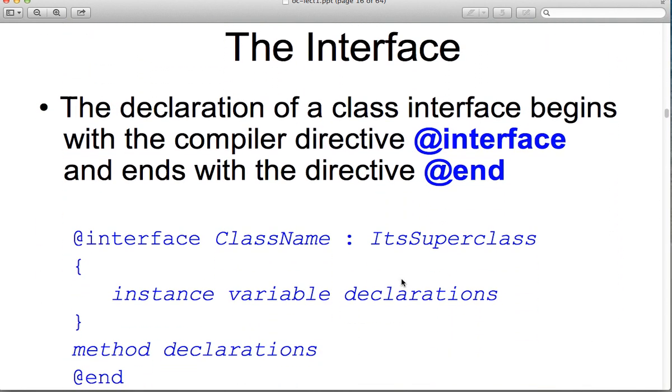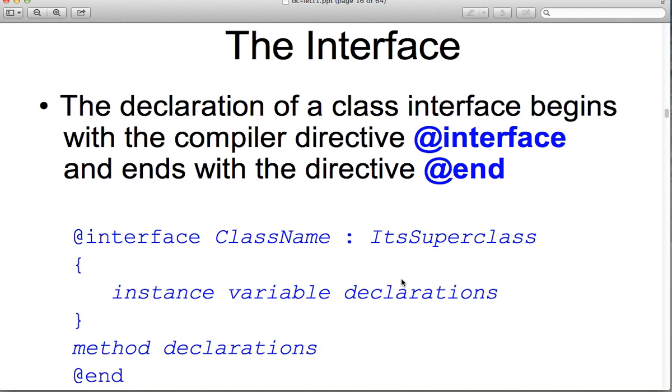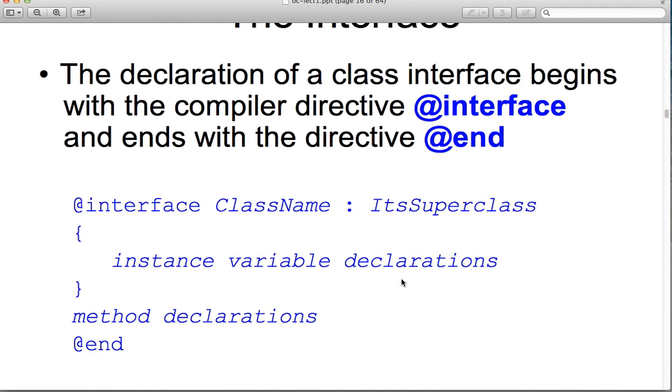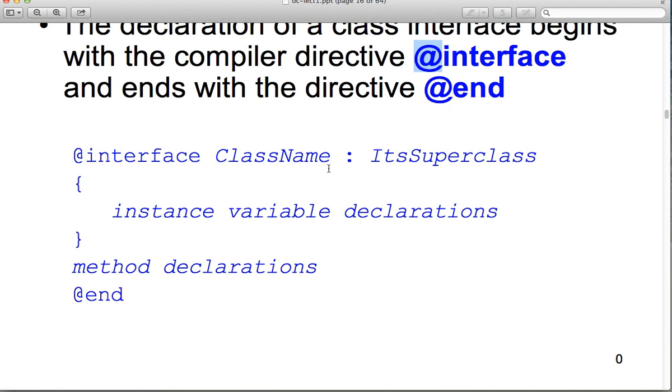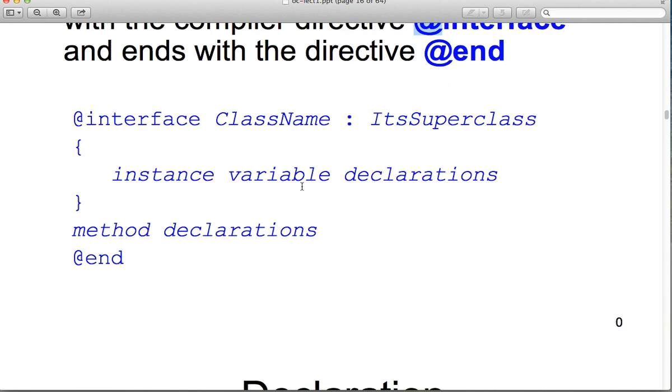The interface, just to give you the textbook definition of it, is that @interface and @end, everything goes in between. And it kind of looks like this. Declaration begins with this thing, they call it a compiler directive. That's what this at symbol is all about. So @interface, class name, colon, its superclass. In our case, NSObject for the most part. So then we have our instance variables and our declarations.